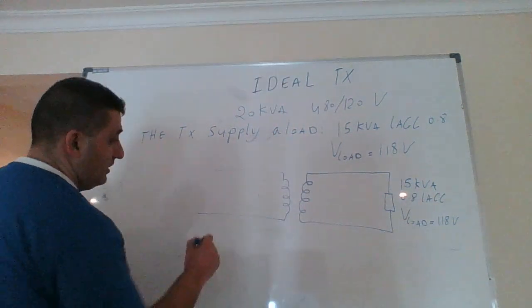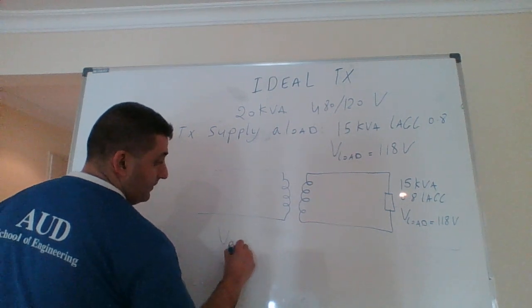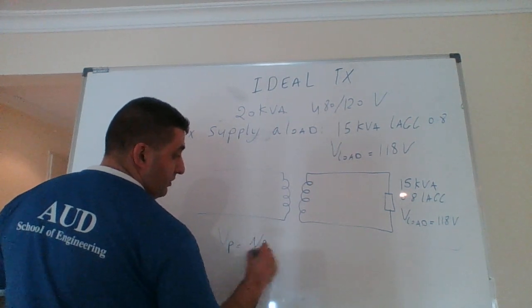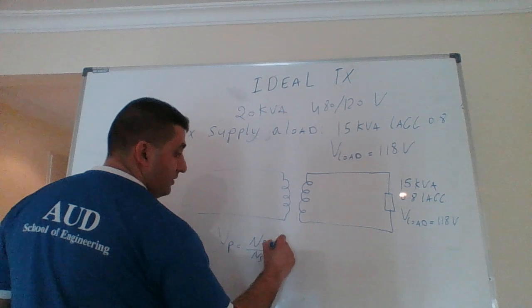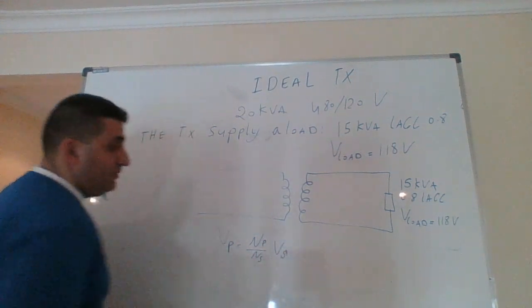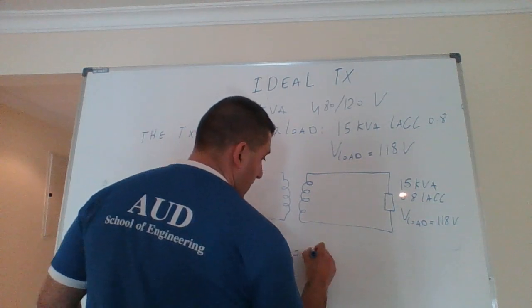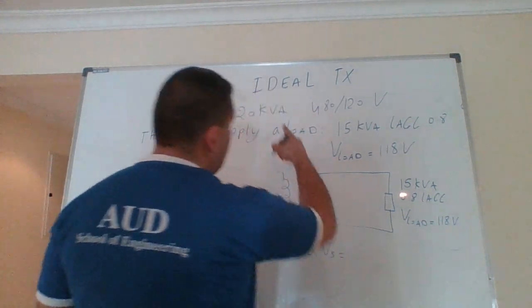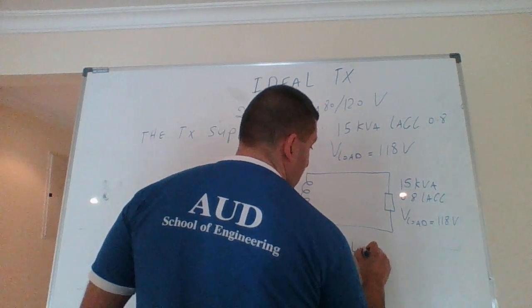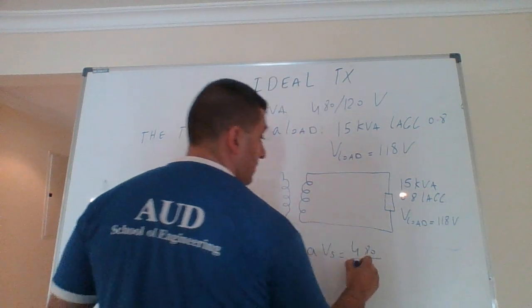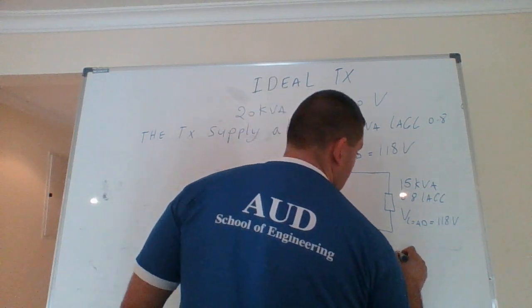I have V primary equal to N primary over N secondary times V secondary. The ratio A times V secondary, in our case, is equal to 480 divided by 120 multiplied by 118.